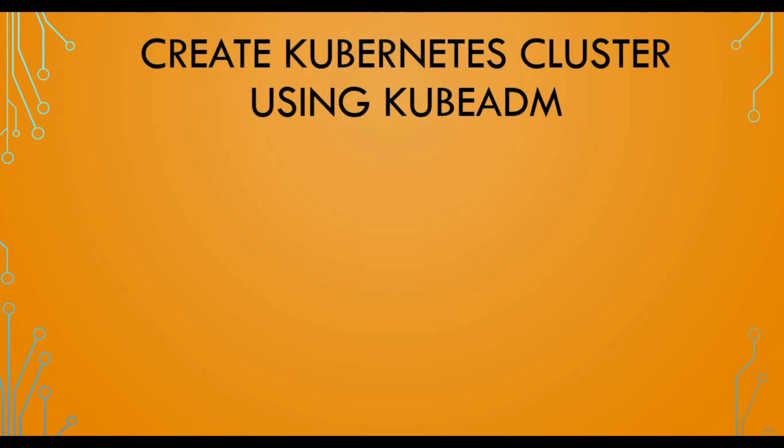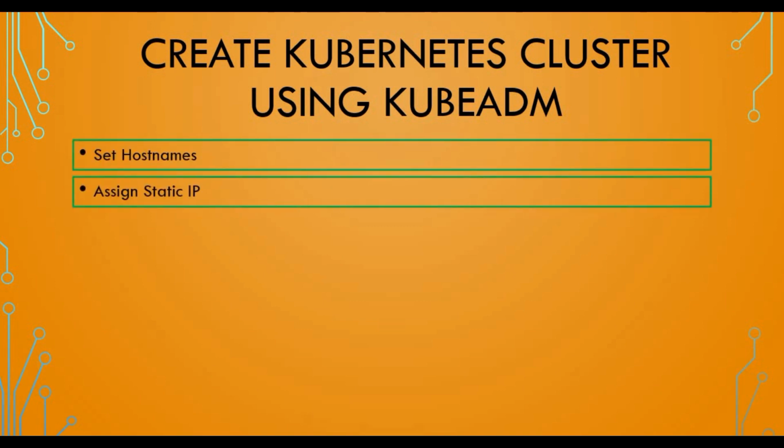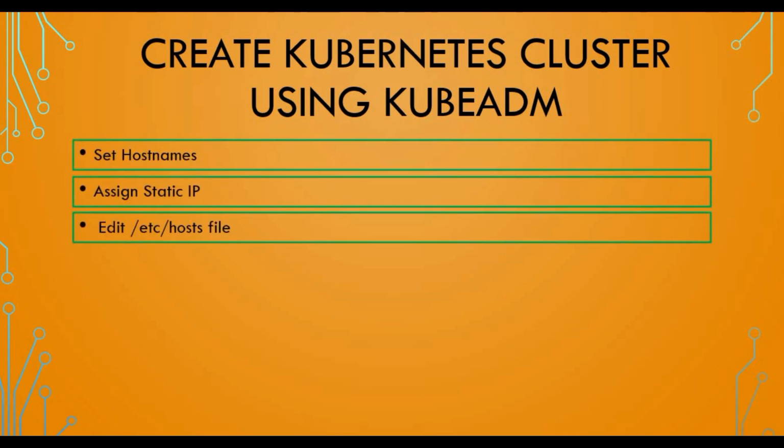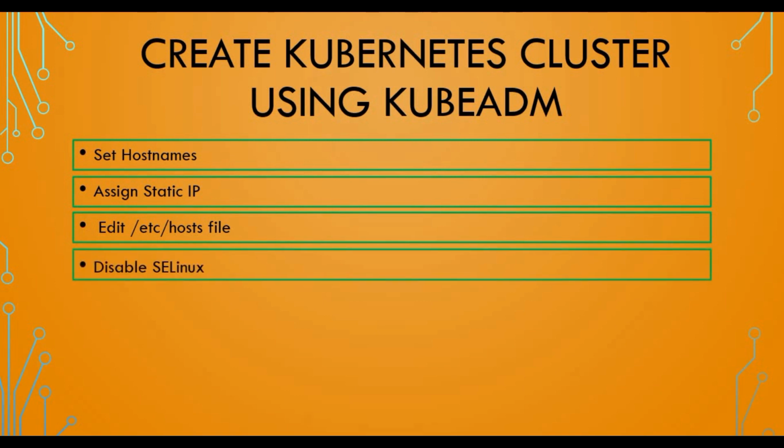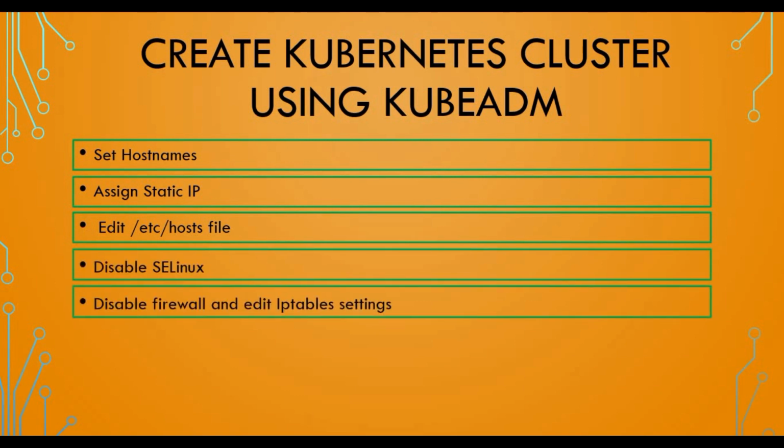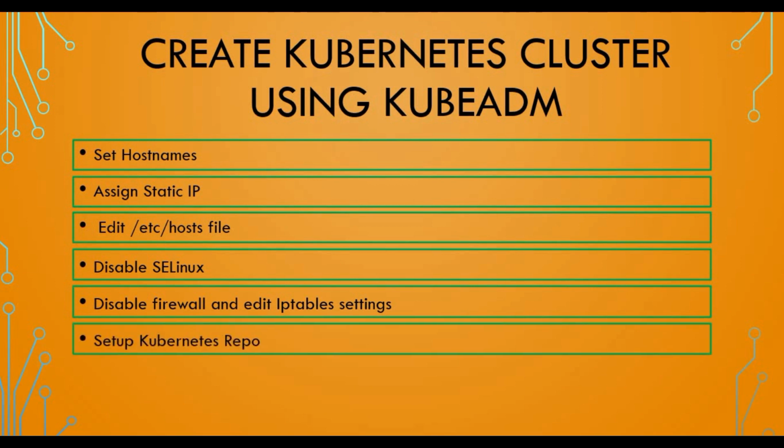Just to give you a recap, what we did is we set the hostname, assigned a static IP, made some changes in the hosts file, disabled SELinux, disabled the firewall and edited some iptables. Regarding the firewall, as I said, even though it's disabled, we need to open a port for connecting from master to worker, which I will also share in the documentation.